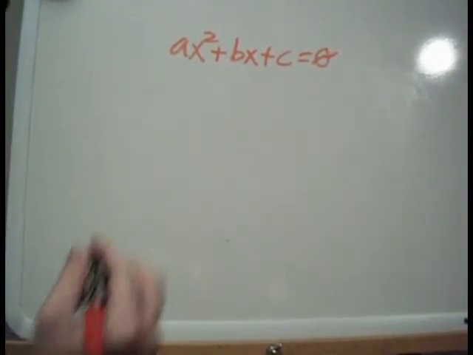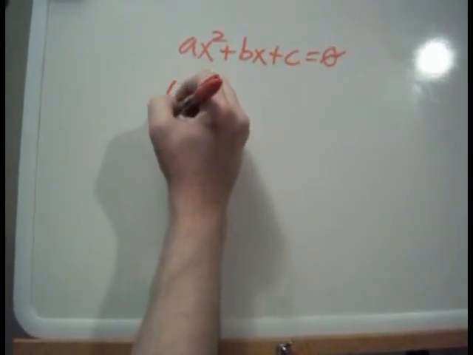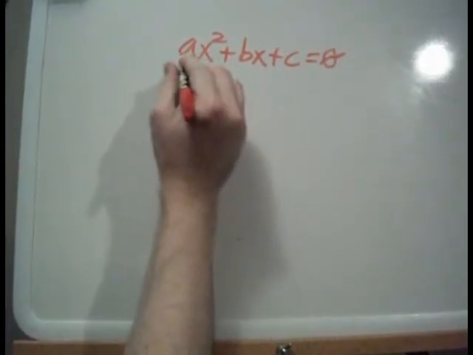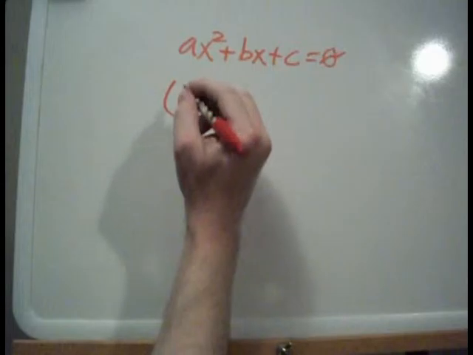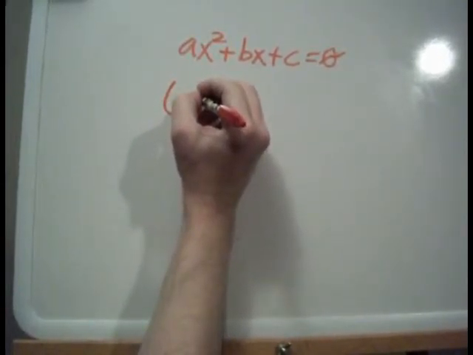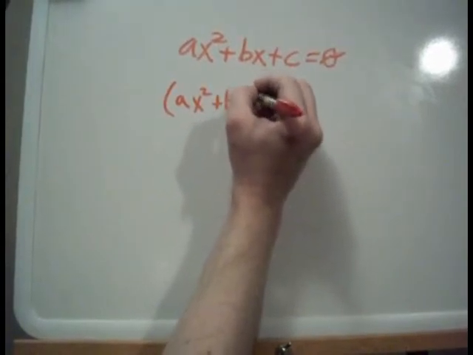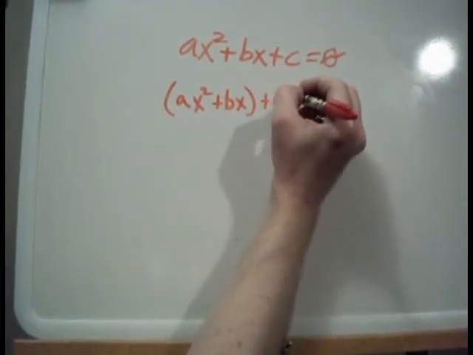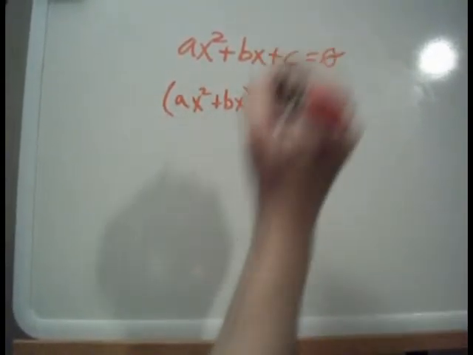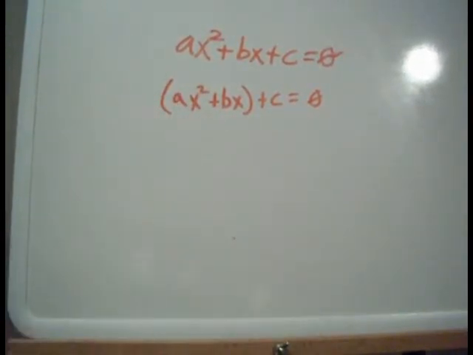Anyway, we're going to isolate some terms. This is a term, this is a term, and this is a term. Okay, that's the first thing we're going to do. We're going to isolate that. Now, the next thing we're going to do is we're going to move that c over to here.